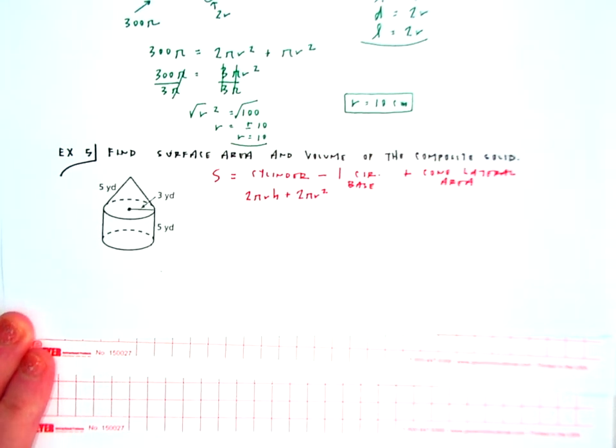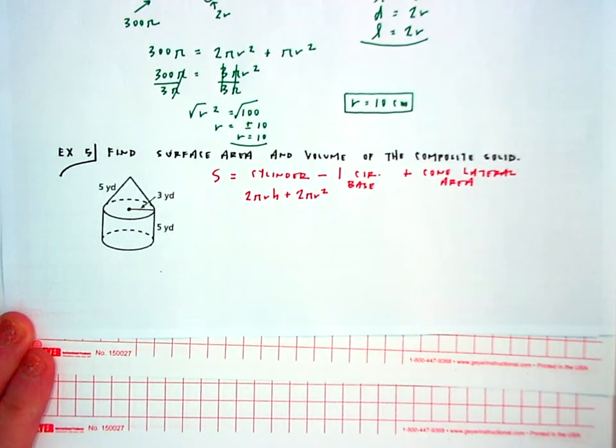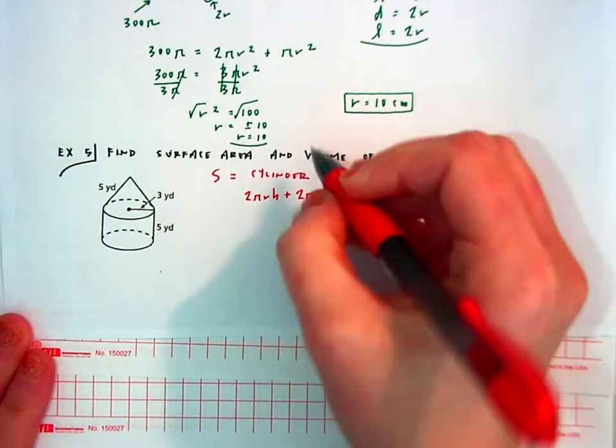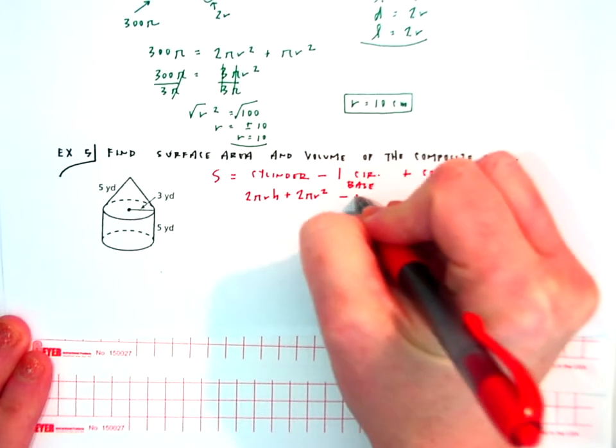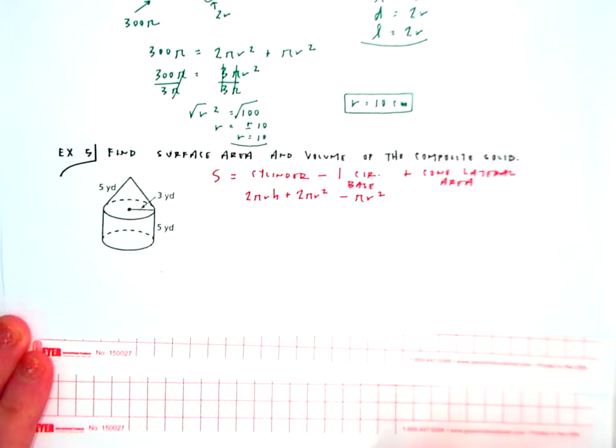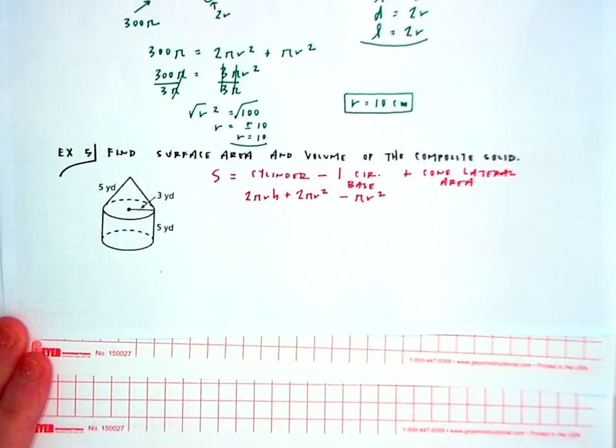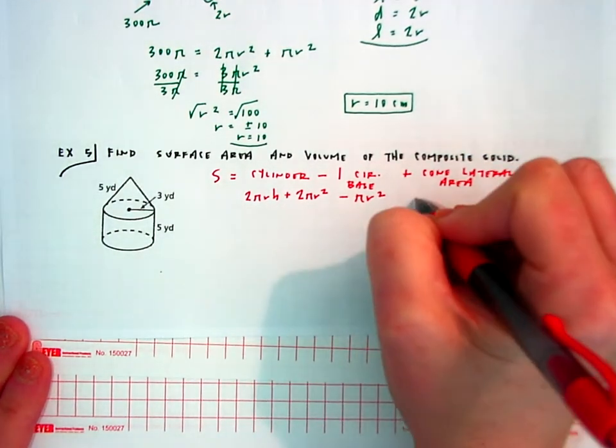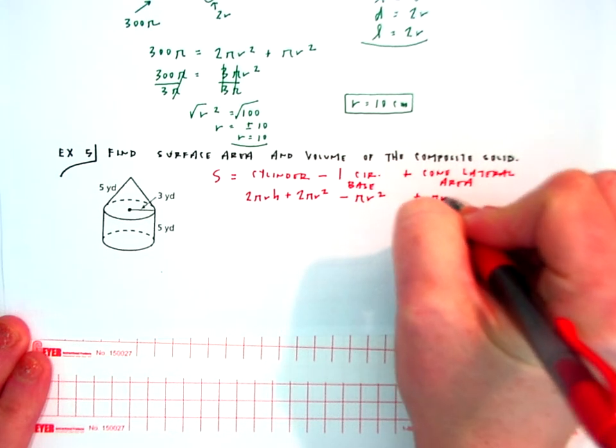So there's my full cylinder, and then I have to take out one of those circular bases, so minus pi r squared, and then I have to add in the cone's lateral area, which is pi r slant height, like that.